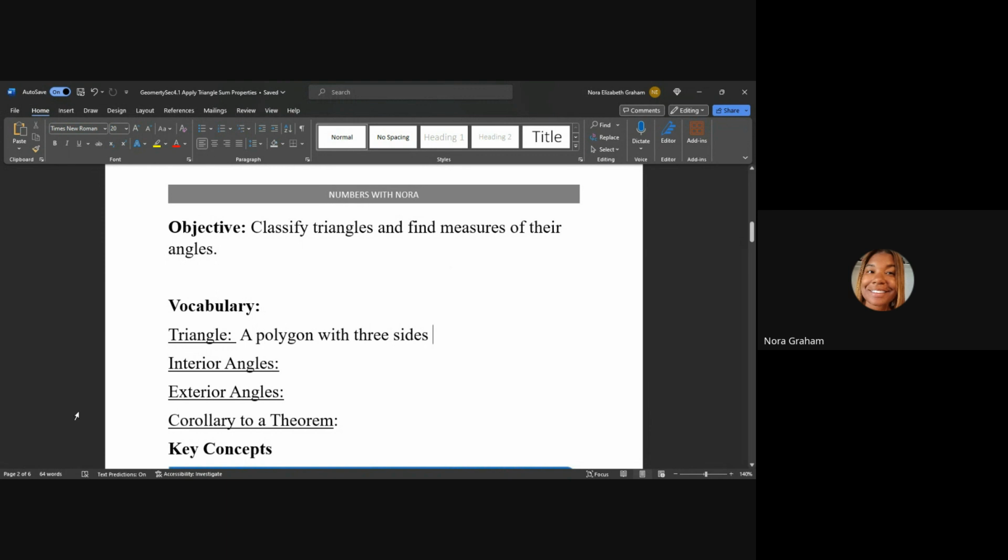Interior angles of our triangles are just the inside angles of our triangle. And then exterior angles of our triangles are just the outside angles of the triangle.